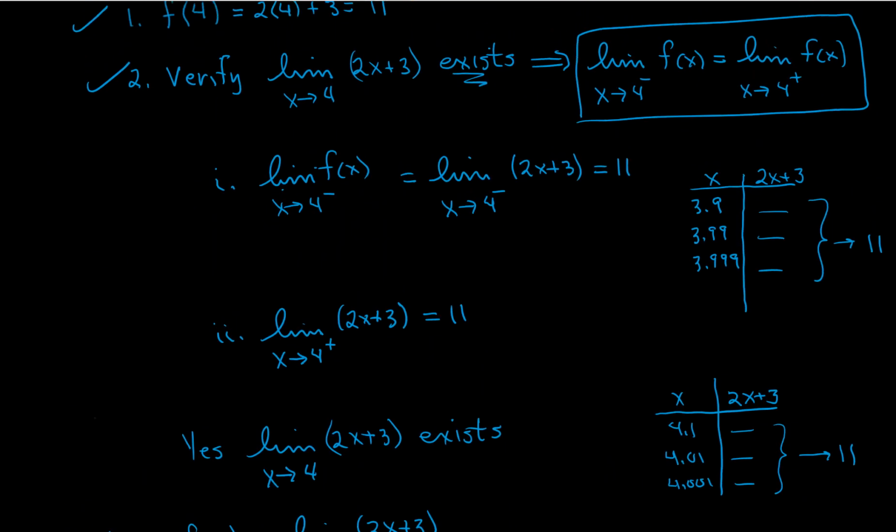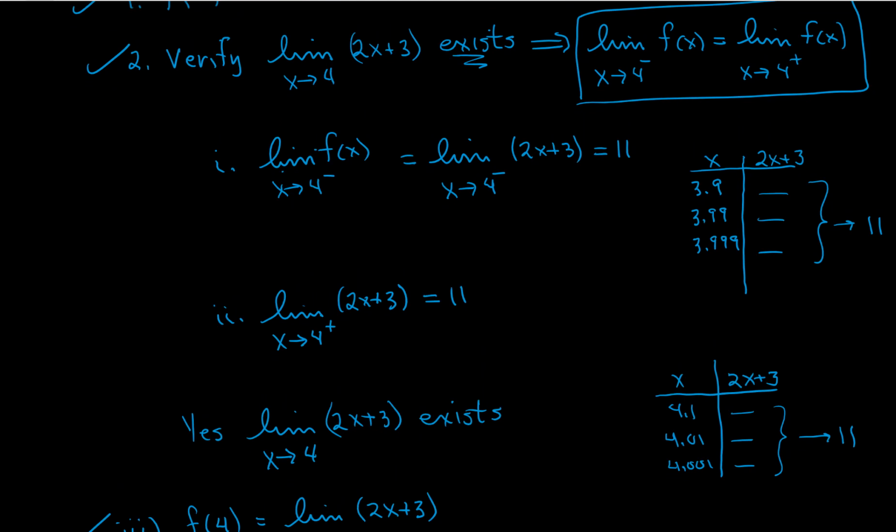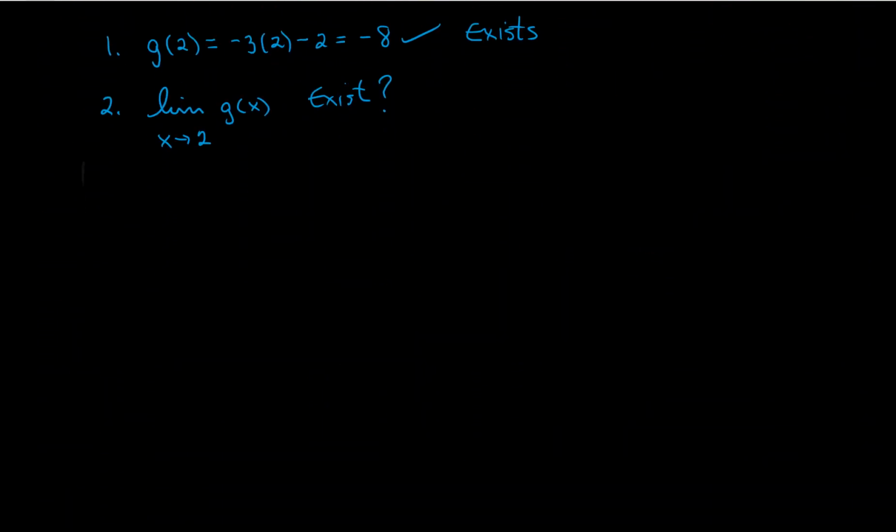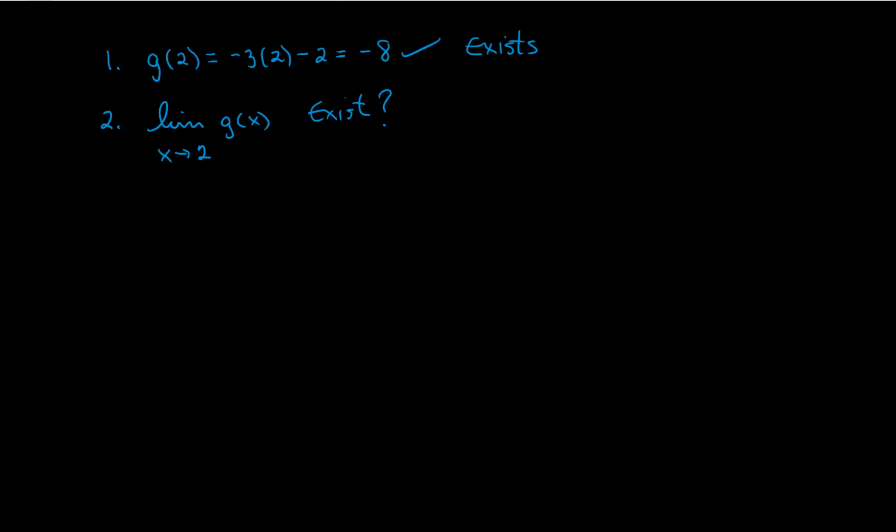Essentially, the whole screen there is verifying the second step right now. We want to do the limit from the left, then do the limit from the right. So let's come back down here. And the first thing we're going to do is we're going to evaluate the limit of g of x as x approaches 2 from the negative side.